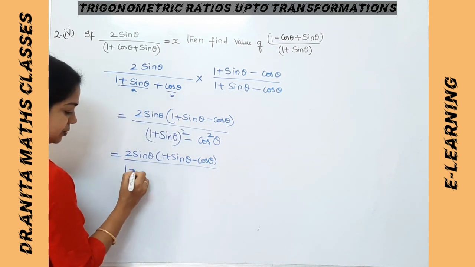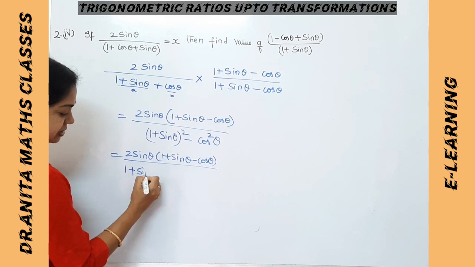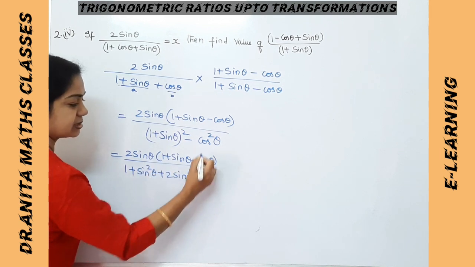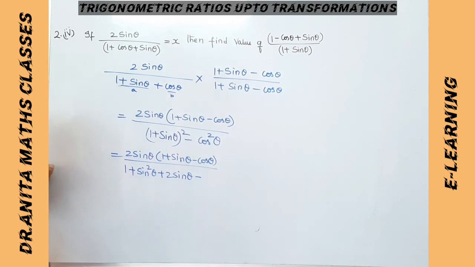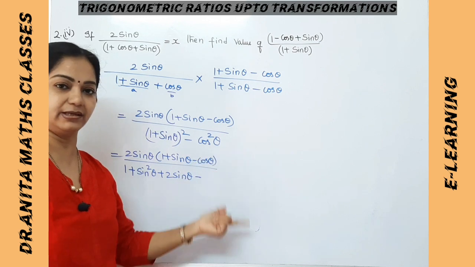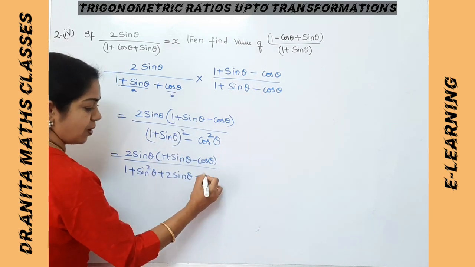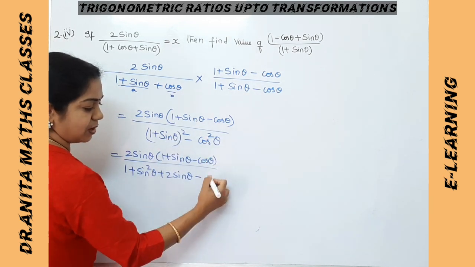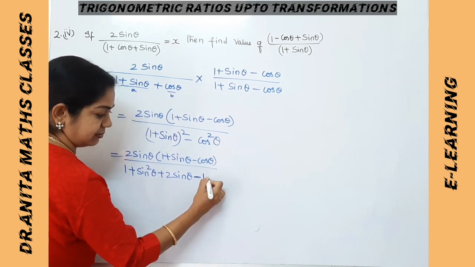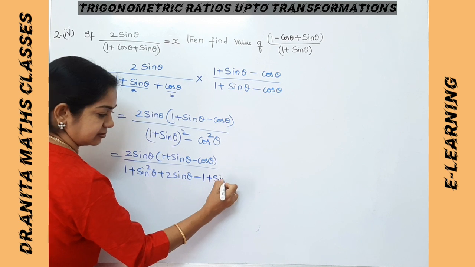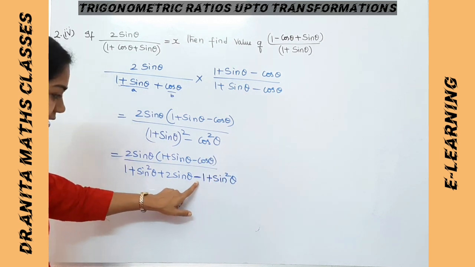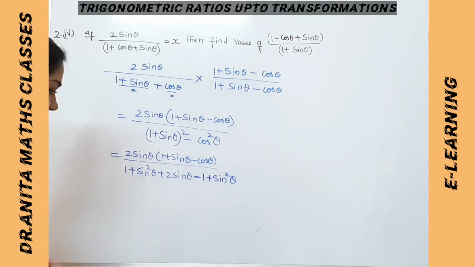So that is 1 square, 1, plus sine square theta, plus 2 sine theta, minus cos square. This cos square, according to the trigonometric identity, I'll replace in terms of sine. Cos square is 1 minus sine square and a negative sign is there. If I give a negative sign to both, minus 1 plus sine square.